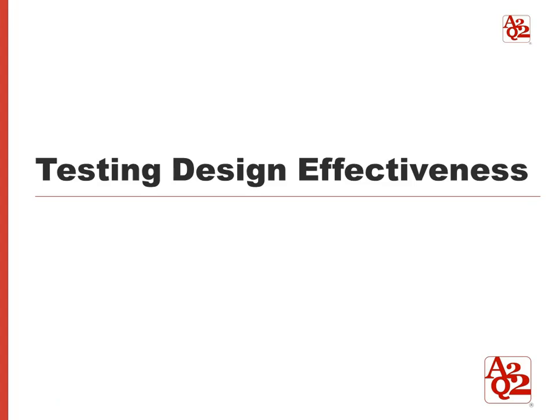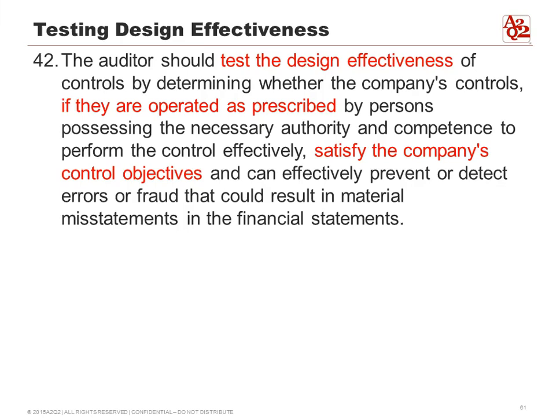Testing design effectiveness. So one of the first steps that you do, we talked about the walkthrough earlier in terms of understanding the sources of potential misstatements. And now when you do the test of design, this is where you sometimes hear TOD, test of design.